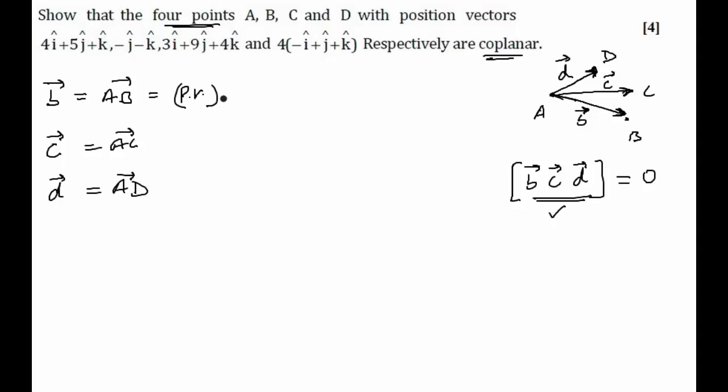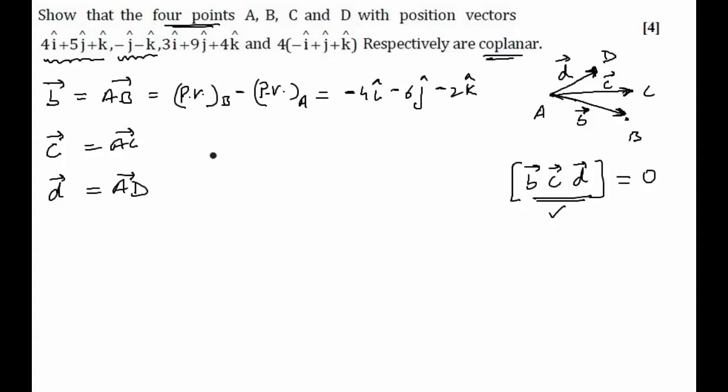So these 2 quantities are already given. Position vector of B is minus j minus k and position vector of A is 4i plus 5j plus k, right? So if you subtract these 2 quantities, you will get your AB vector, which is equal to minus 4i cap minus 6j cap minus 2k cap.